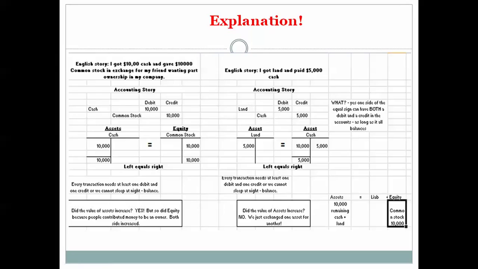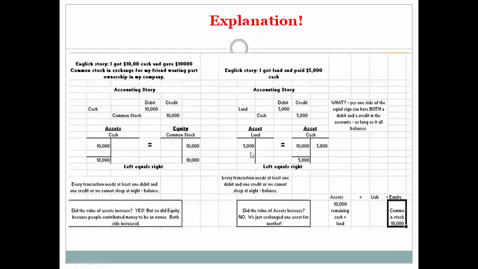So what just happened? Where were we at? We're in assets in both cases. We're in that asset side, the left-hand side. Yes, one side of the equal sign can have both a debit and a credit. The land, we had a debit under land, a credit under cash, but the bottom line is we're still going to have an equal amount of debits and credits.